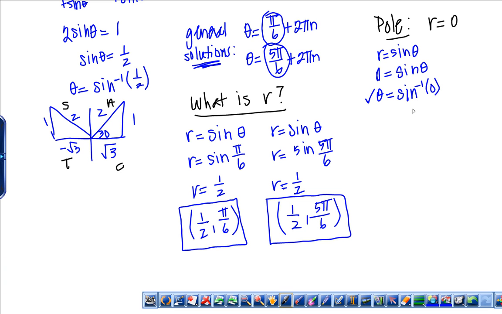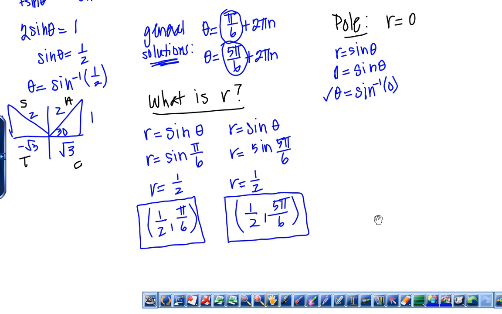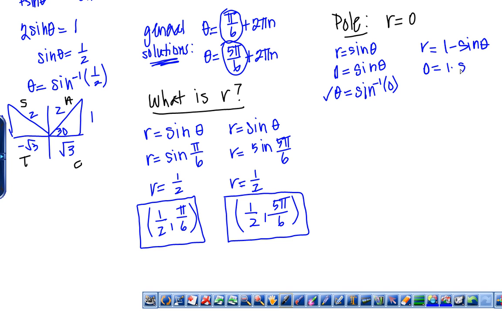Okay, pick your second equation, which is r equals 1 minus sine theta. R equals 1 minus sine theta. Plug in a 0 for your r and solve. Let's see, if I subtract, then I get a -1.